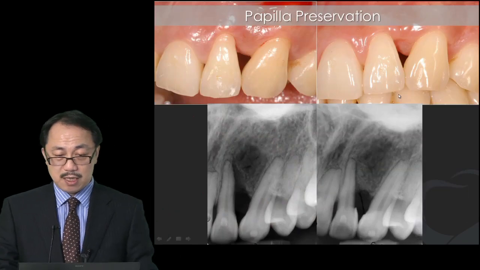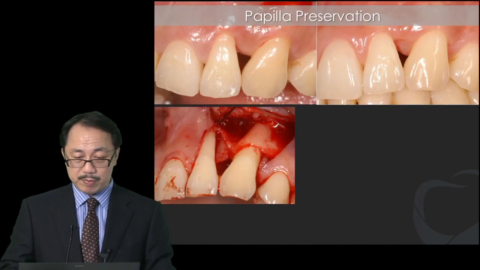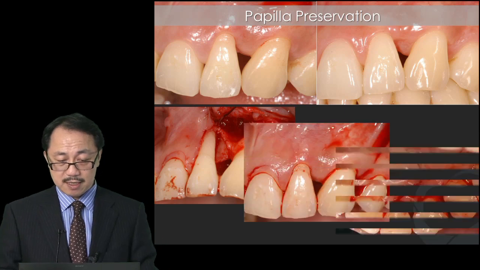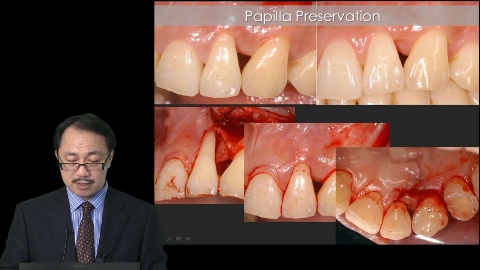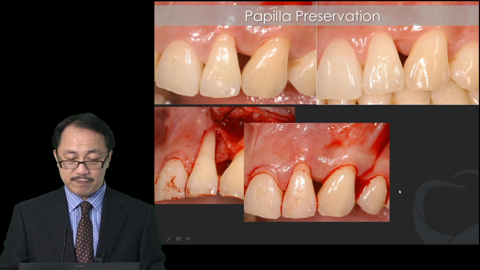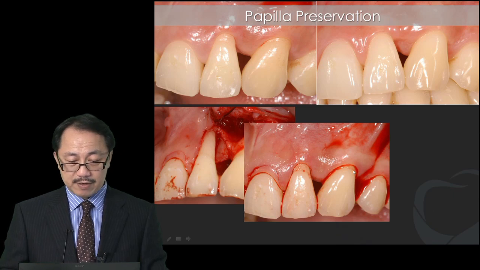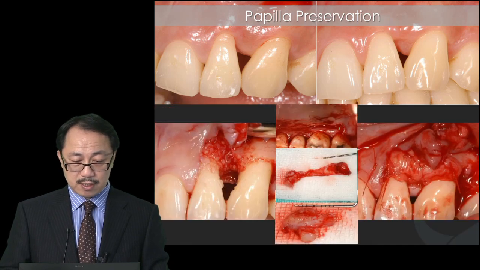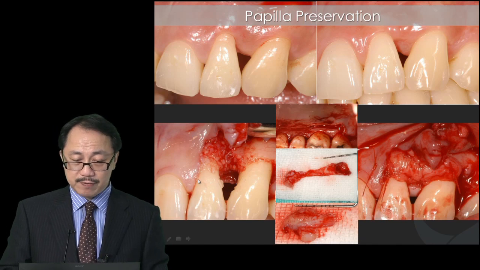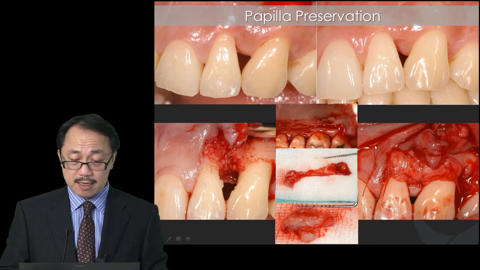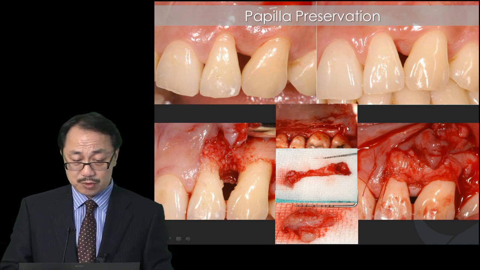We perform this with a papilla preservation technique, and we make only one vertical cut to the distal of number 11, and we elevate to the medial of number 10, and we were able to obtain a connective tissue graft to cover 2 denuded roots.